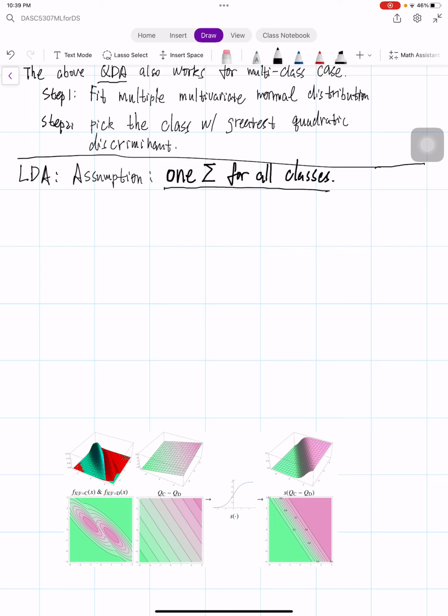By a similar technique to what we did in lecture 7, we can derive the decision function.